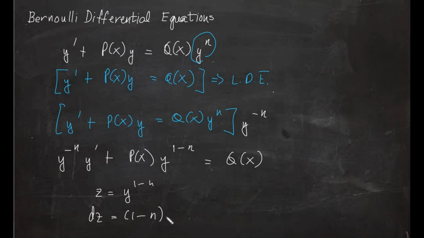So get the differential of y raised to 1 minus n: 1 minus n times y raised to the quantity 1 minus n minus 1, and then differential y. If we simplify that, this will be 1 minus n times y raised to, you can see that the 1 will be cancelled, so negative n, differential y.